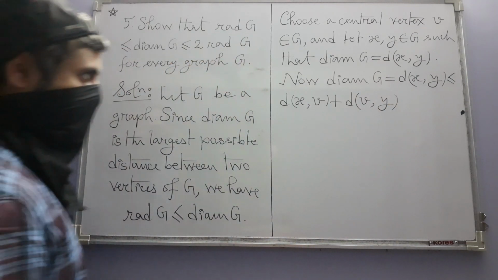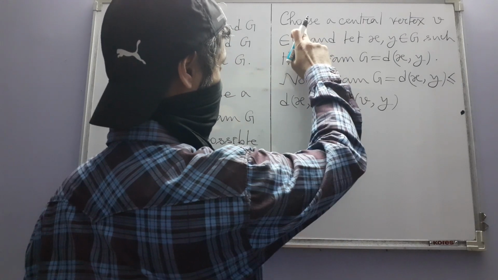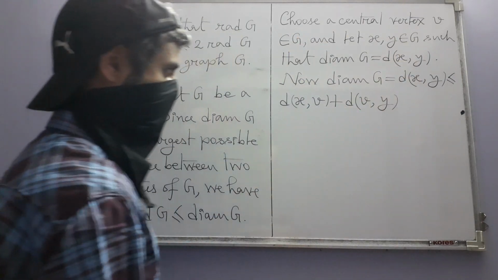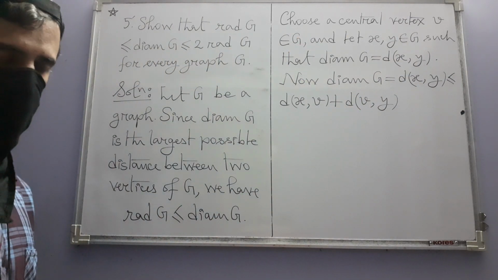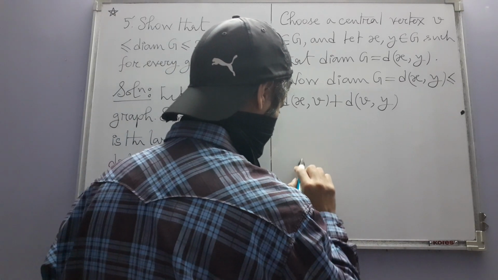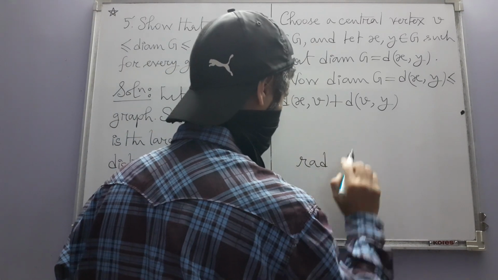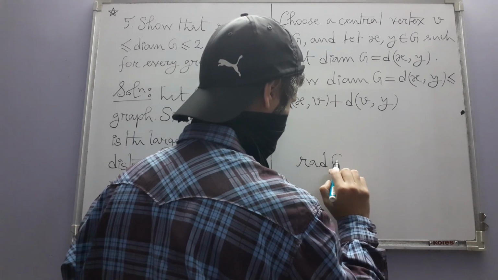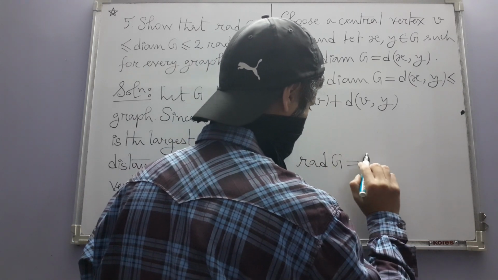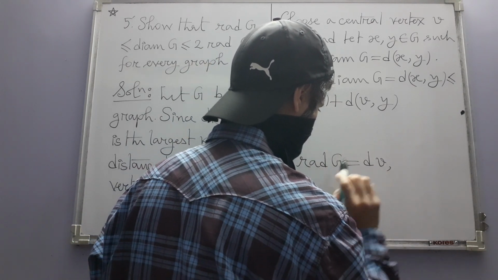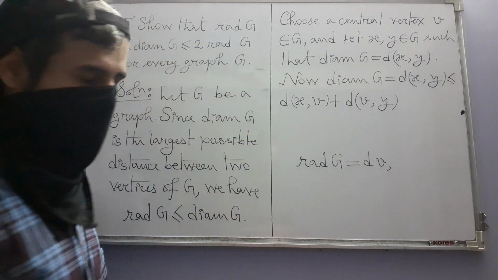Okay. Now, because we have chosen V to be a central vertex, the radius of G will be equal to the distance between V and some other vertex.